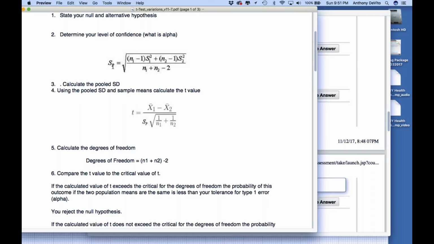So the pooled standard deviation is going to be equal to the square root of sample size 1 minus 1 times the standard deviation squared for sample 1, plus the same for sample 2, over the two sample sizes added together minus 2. So we calculate this number first and then use it down here to calculate our t-score. And the degrees of freedom are equal to n1 plus n2 minus 2. Okay, so let's go ahead and do that real quickly.